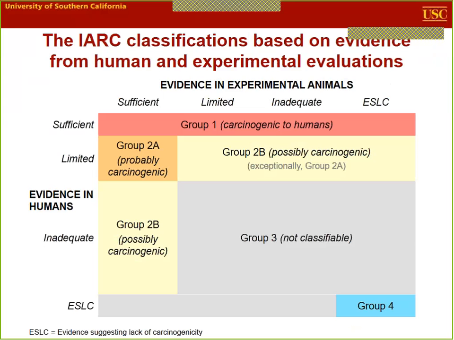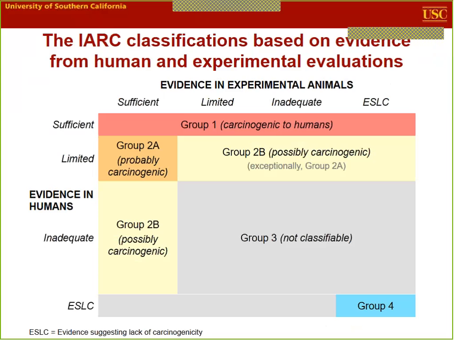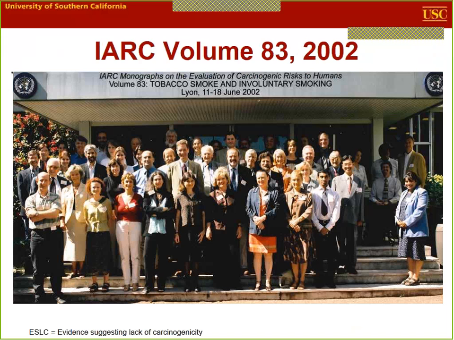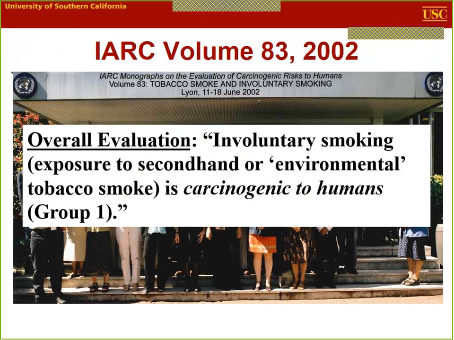Bringing together, you can see the table cross-classified by the evidence in experimental animals, the evidence in humans, and then the mechanistic data is used to perhaps change the category one would arrive at simply by using the human and experimental animal data. It was this kind of discussion in 2002 that underlay the conclusions of monograph volume 83, which is on tobacco smoking.